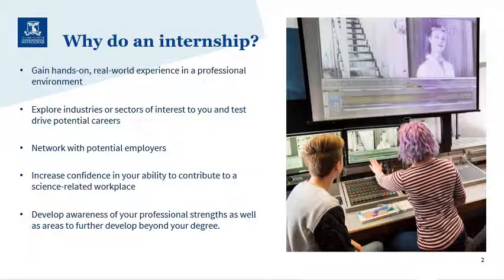And you can really enhance your employability skills, including communication, interpersonal, analytical and problem-solving skills, organizational and time management skills. And it's a great way to really dive in and start planning your career.